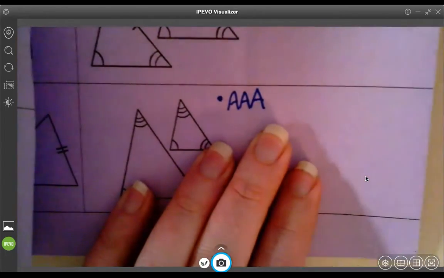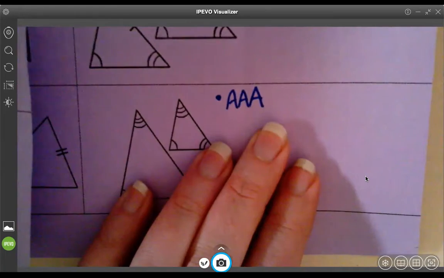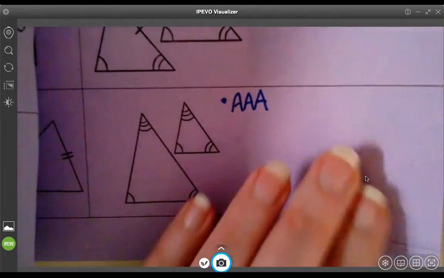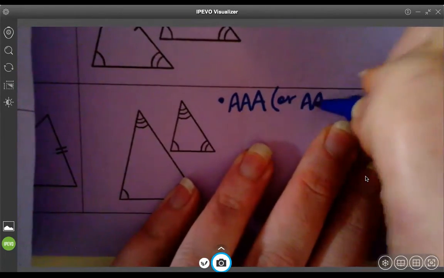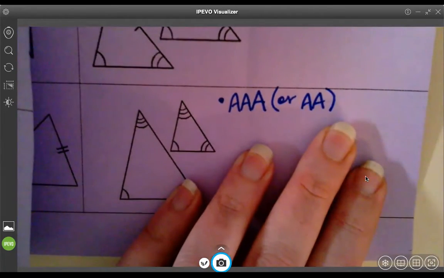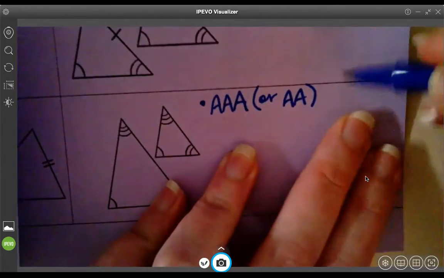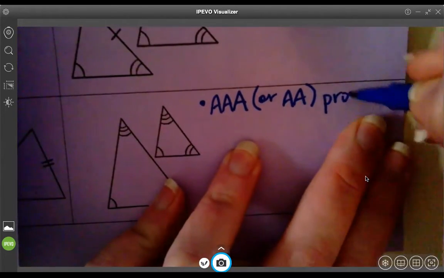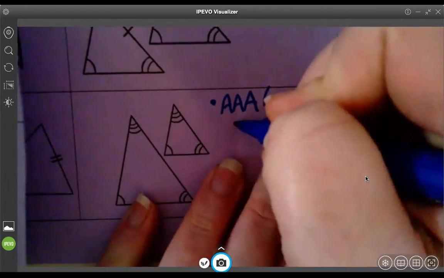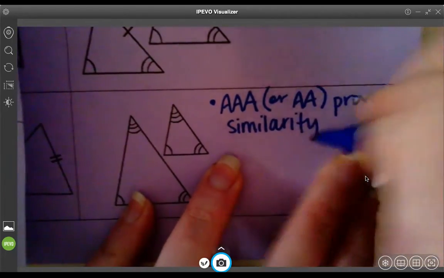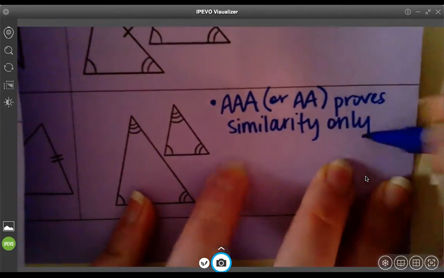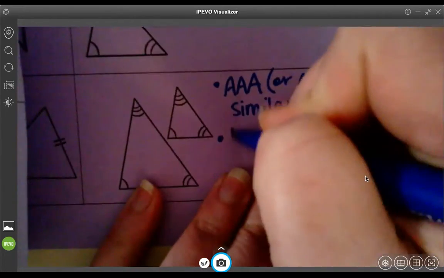We're going to put AAA, because we do abbreviate these with just the first three letters. So angle, angle, angle, or AA. We'll talk about why you can do either one in just a second. Proves similarity only. And then we're going to put another bullet.